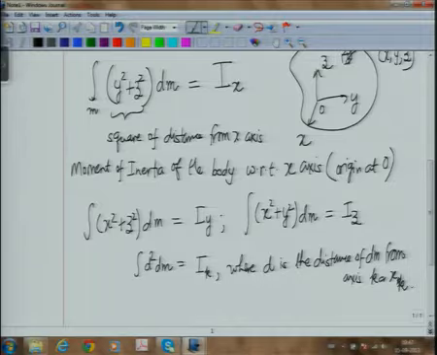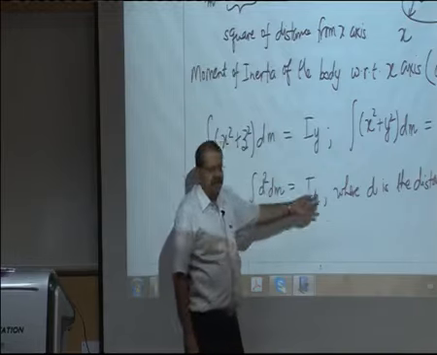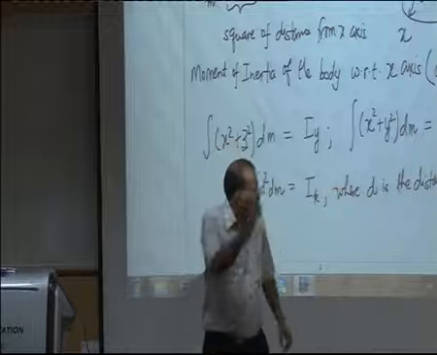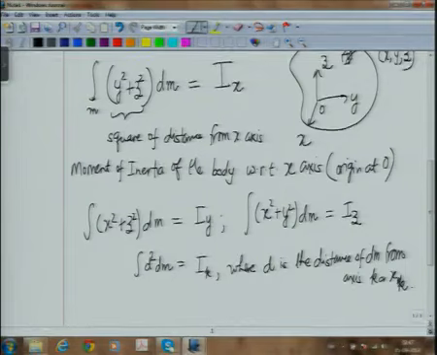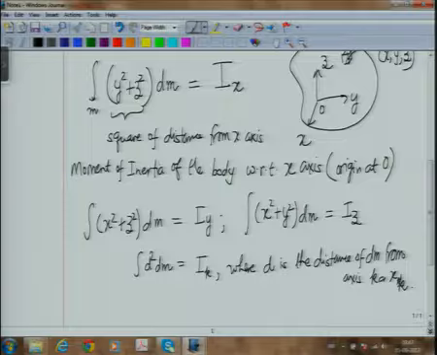So I can define Iy and Iz like this, and sometimes if it is a general axis I could call it Ik, which is equal to the integral of d square dm, where d is the distance of dm from the axis k. We may also use an index notation, x sub k. So instead of x, y, z, we sometimes call them x1, x2, x3, and when we say xi, it represents one of the three axes. So that is why I have written it in this form. So this is how we got the moment of inertia.